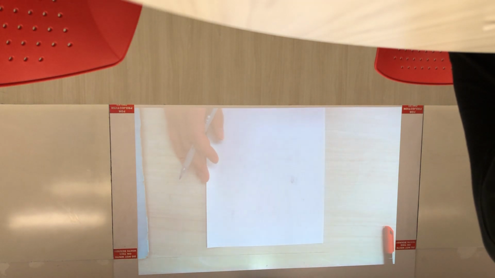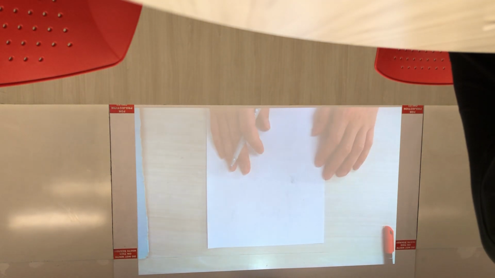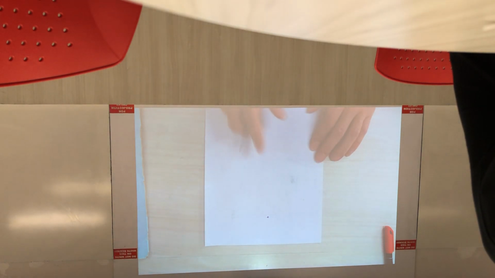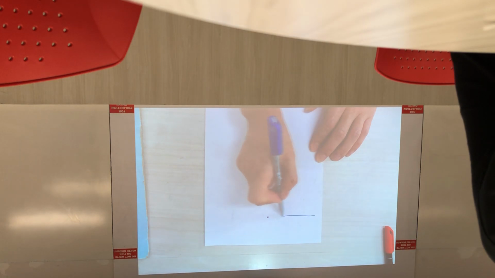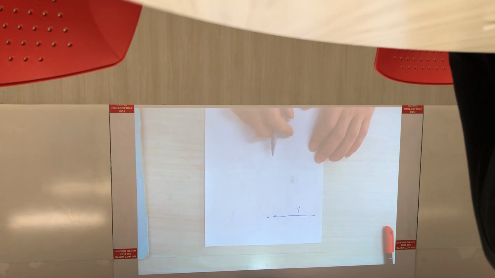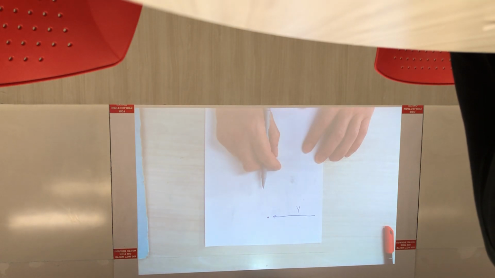So I'm going to draw this diagram to illustrate this event. We have an electron at rest, and an incident photon with wavelength lambda is scattered by 90 degrees.